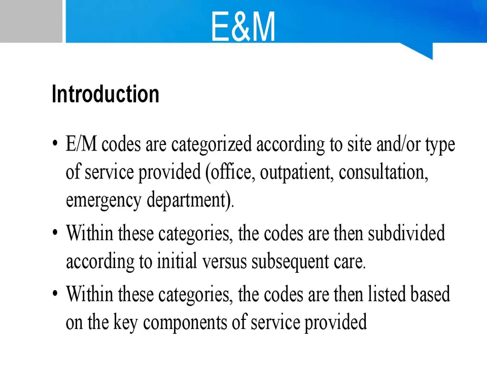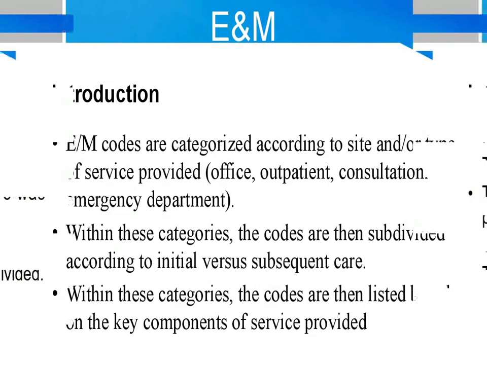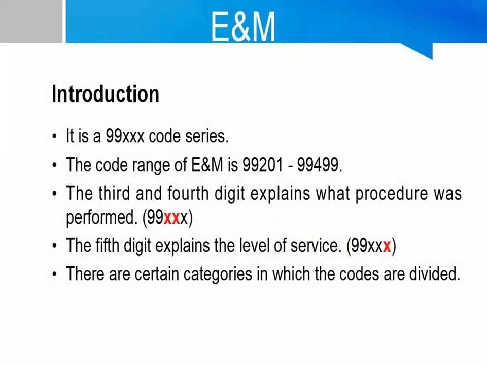E&M codes are categorized according to site and/or type of service provided, such as office, outpatient, consulting, emergency department, and within these categories, the codes are then subdivided according to initial versus subsequent care. Within these categories, the codes are then listed based on the key components of services provided.